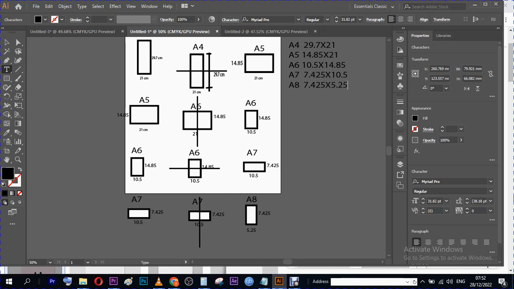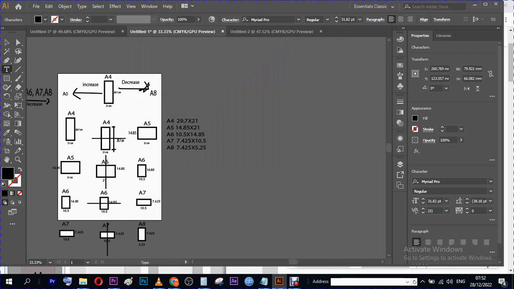So basically that is our A8, because it has a 5.25 and a 7.425. So that is our A8.